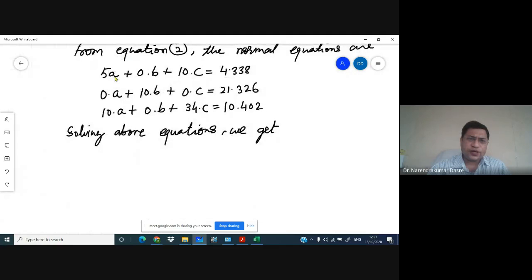See, this is actually a 2 by 2 system. So from this equation, this term is 0, this term is 0, so 10 times this term directly, you can get the value of B. And in both equations, B has the coefficient 0, so this term will not be there. So 5A, 10C is equal to this, and 10A, 34C is equal to this. So you can solve this 2 by 2 system.